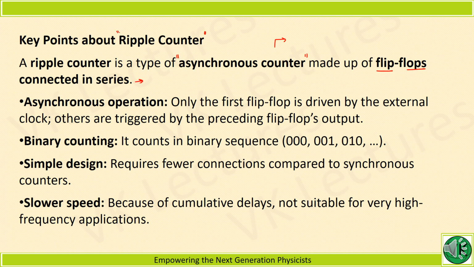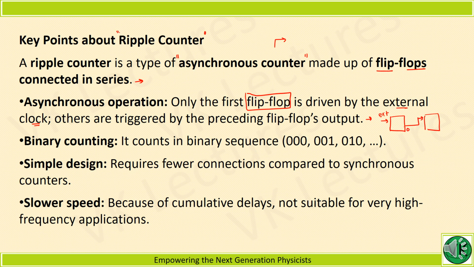Now the operation of an asynchronous counter: the first flip-flop is driven by an external clock, while the others are triggered by the preceding flip-flop's output. So for example, if you have two flip-flops here, the first one is triggered externally and the second one is triggered by the output.